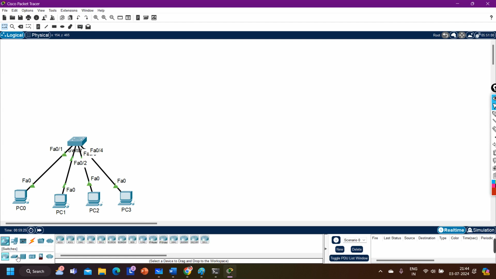Now guys, let's say here I have another switch. So which type of cable will I use to connect switch 1 and switch 2? Again, let's say here I have some PCs.